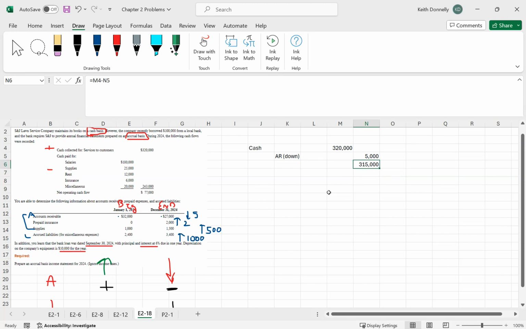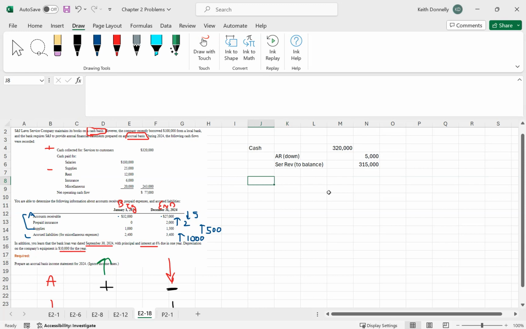That means our service revenue, to get it to balance the journal entry, should be $315,000, right? We had a cash inflow of 320. Of that amount, $5,000 was from stuff from last period where people owed us money. So we're not going to double count that revenue. We've got to back it out. 320 minus 5 means 315 of those cash sales must have been for stuff from this period.